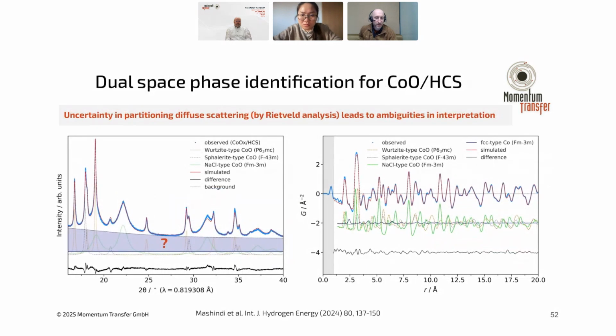And what is the reason for that? Well, the reason is, as I mentioned earlier, there's lots of other contributions to the diffuse scattering in the full diffraction pattern that we measure, lots that don't contain structural information. And then you also have lots of overlapping diffuse signals from these different nanophases.